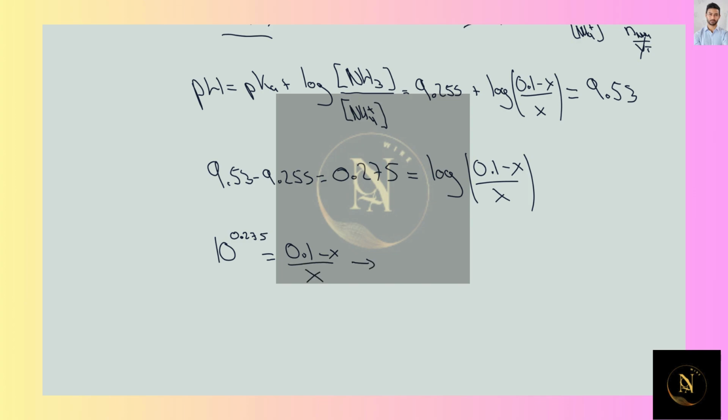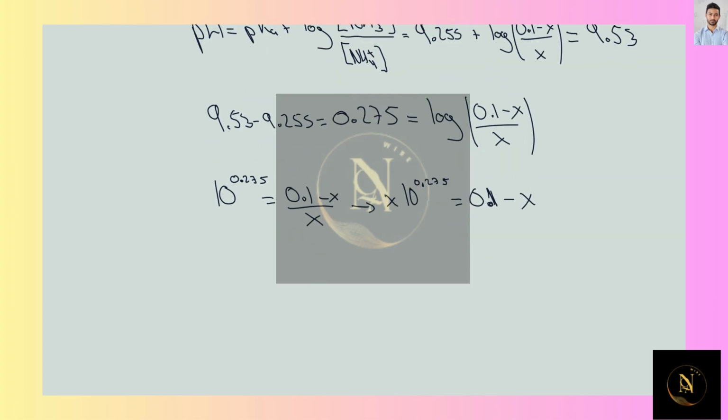From here, X times 10 to the 0.275 is equal to 0.1 minus X. Let's put all of the X's together on one side. X times (1 plus 10 to the 0.275) needs to be equal to 0.1.